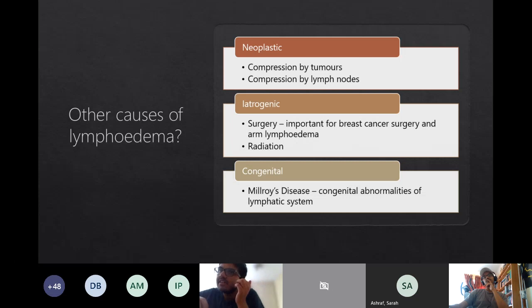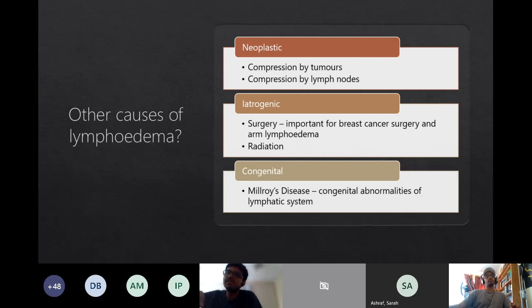Then you can have iatrogenic causes. This is especially important for breast cancer surgery. One of the common side effects after breast cancer surgery is that they have poor lymphatic drainage and they get lymphedema in their arm. Do we have a definition of lymphedema? It's like failure of lymph to return to the central circulation, and it builds up in an area.